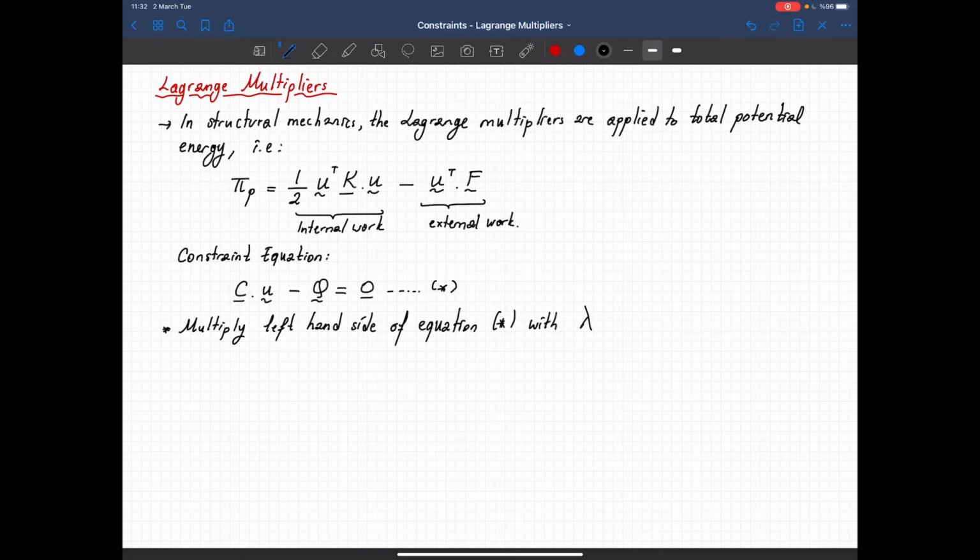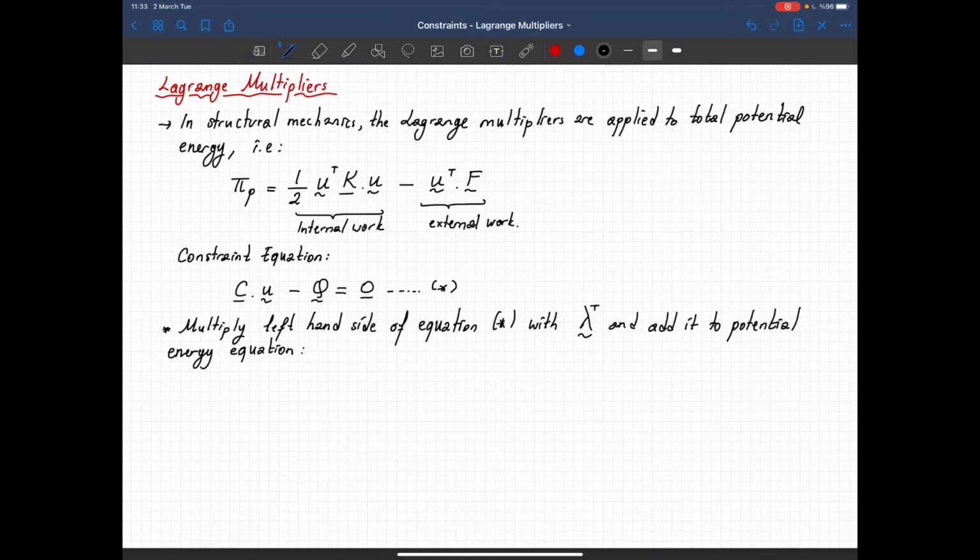Let's show it with lambda. And add it to the potential energy equation.